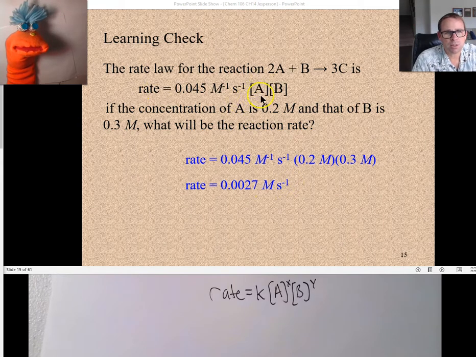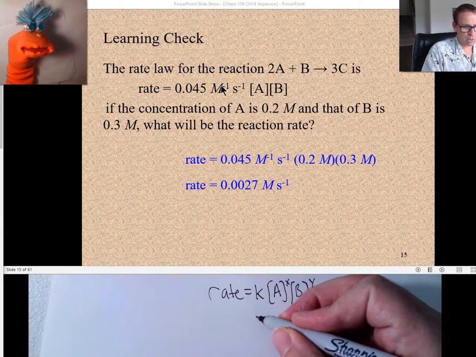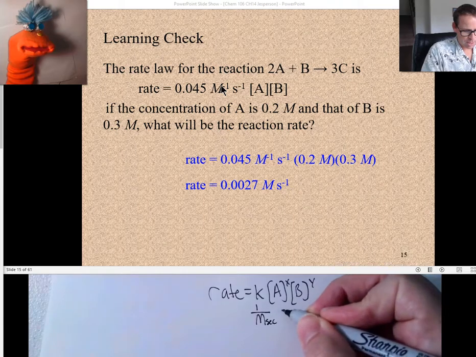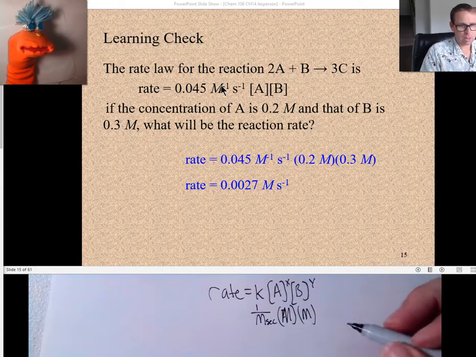And we can see that this is molar and this is molar. And the units for our k value here were 1 over molar seconds. And A, its units, were in molar. And B was in units of molar, right? Those are concentrations there.